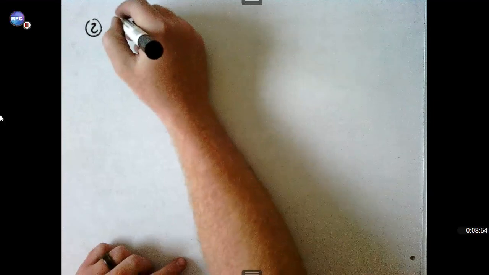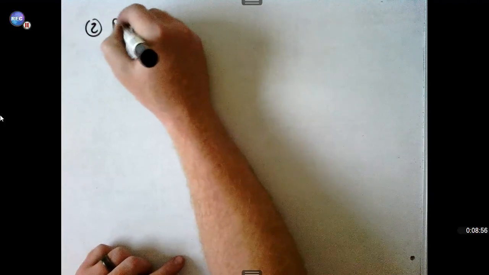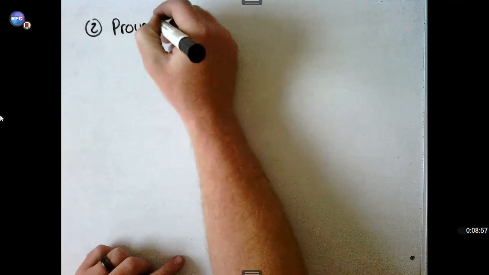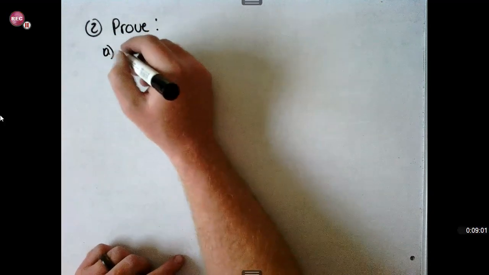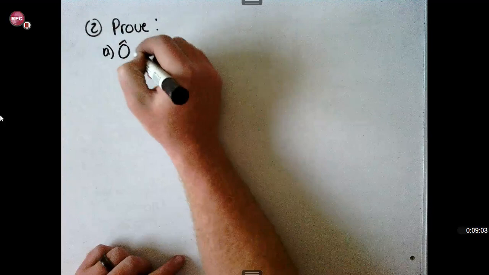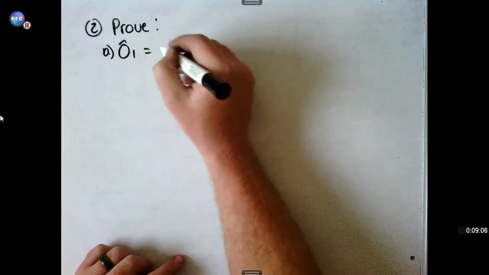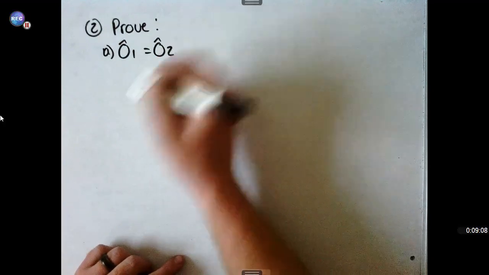They say AB is equal to AC. They ask you then to prove, in the first question, question A, that angle O1 is equal to angle O2.